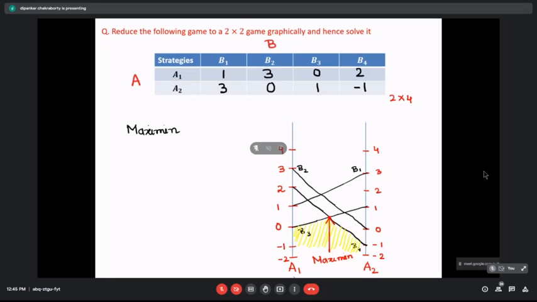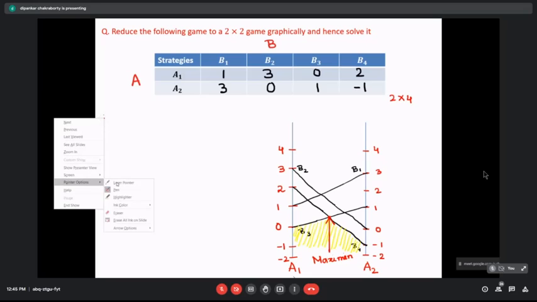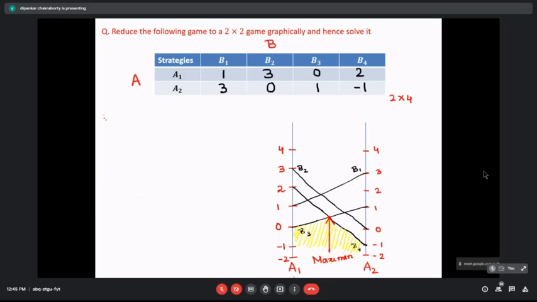And it is basically the intersection of the strategy lines B3 and B4. I'm just writing this down for the first problem because you have to write this in the exam as well. You cannot write down only the matrix. Remember that.